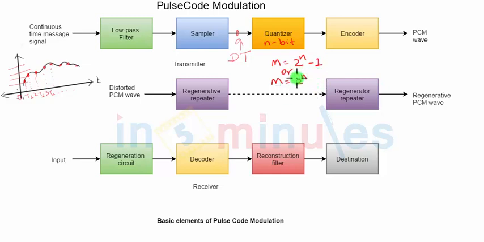In that case, the fixed value which is represented by every level is assigned a group of 3 bits. Because we have 8 levels, I can use all the 8 combinations of ones and zeros. The lowest fixed value can be assigned 3 zeros, and the highest fixed value can be assigned 3 ones, 1 1 1. So that's how every fixed value will be represented in the form of ones and zeros at the output of the quantizer. So it is the output of the quantizer which is in the digital form.